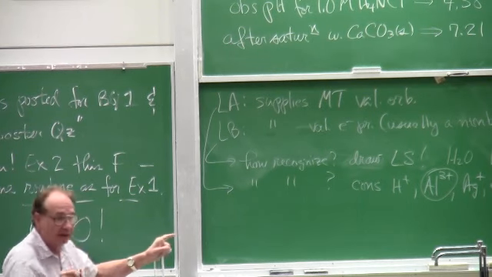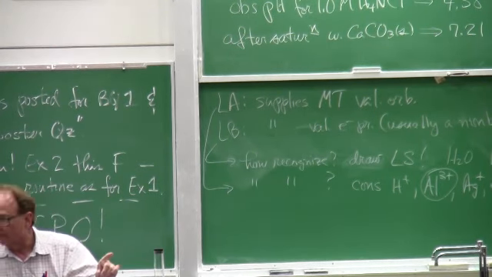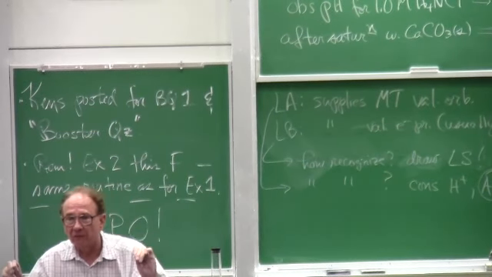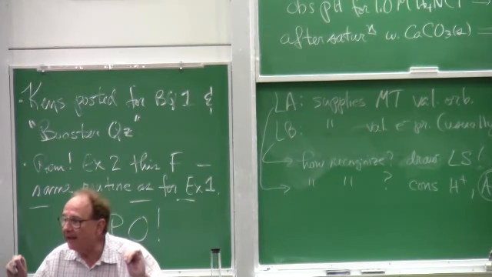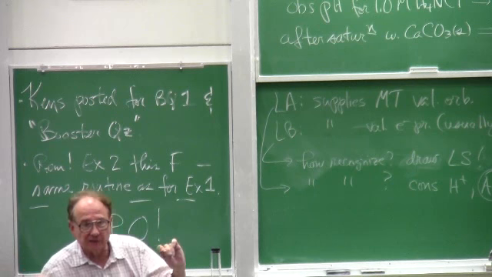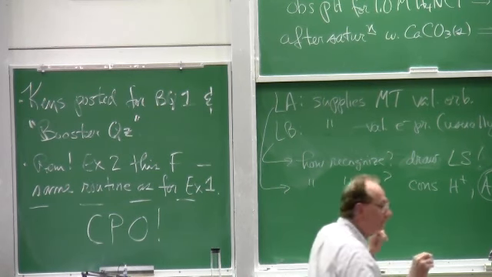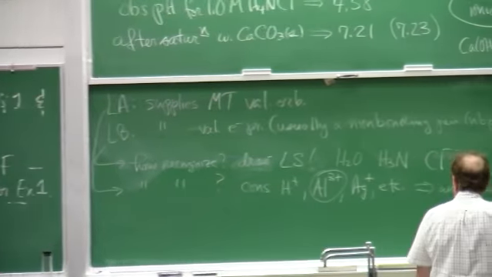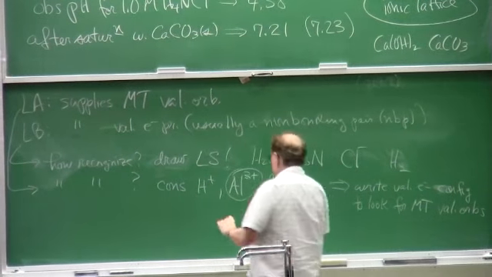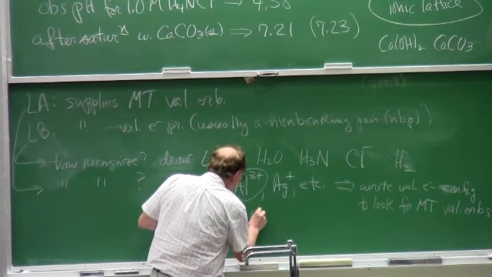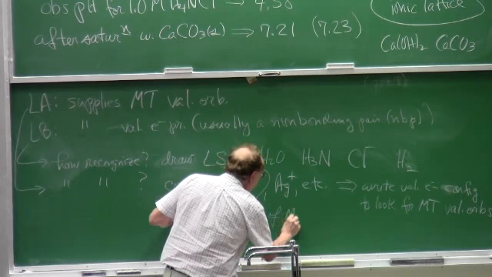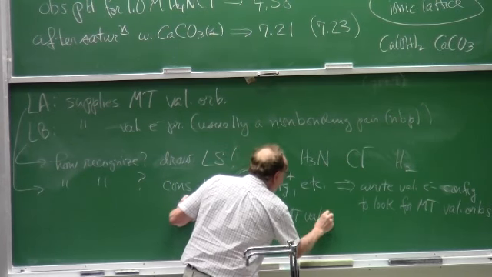Specifically, Al plus 3. I want to know, how many empty valence orbitals does Al plus 3 have? Number of empty valence orbs.